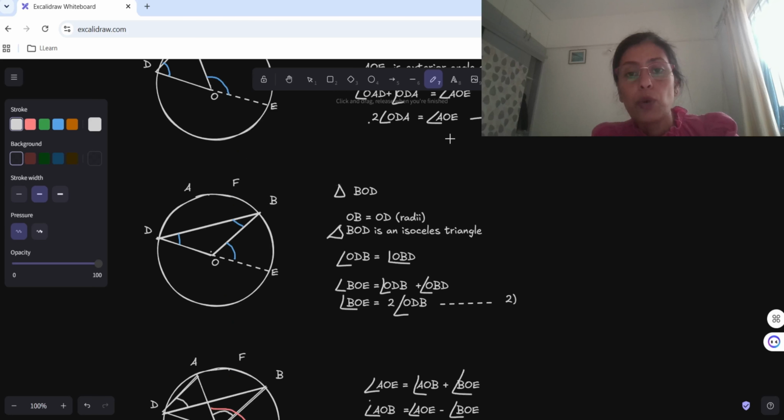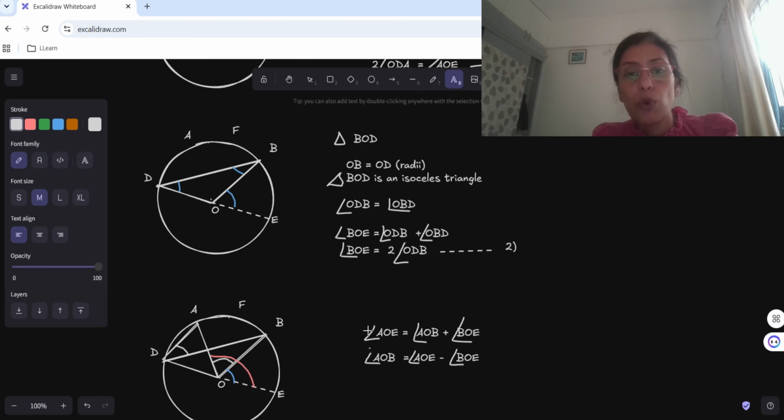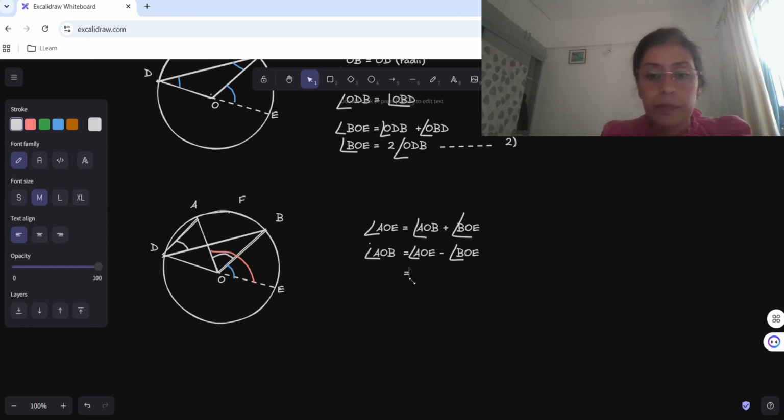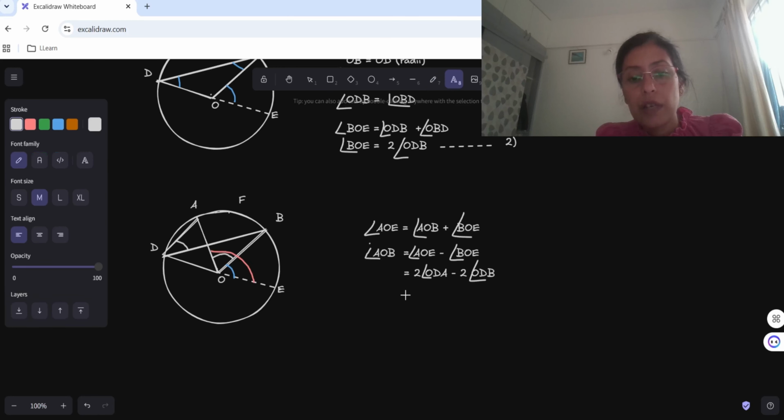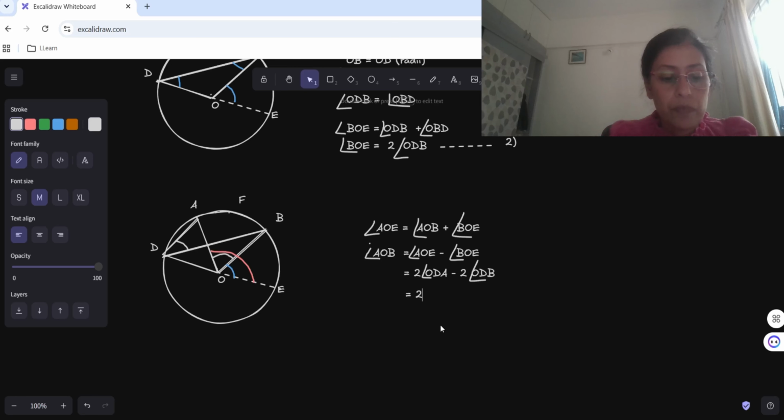Now what do I know about AOE? It is twice of ODA. Twice of ODA minus twice of ODB, because BOE is twice of ODB. I can take 2 outside and then I will say ODA minus ODB.